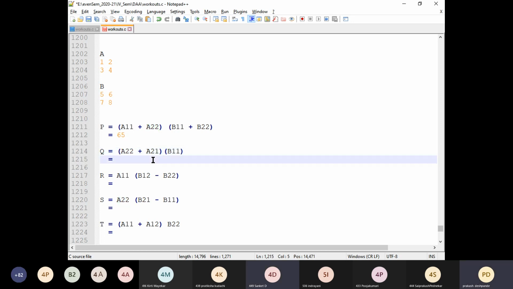A22 means what? Sir, 2. What is the row number? A22 represents which row? First row, sir. Then if this A22 is first row, second column, what about this A12?